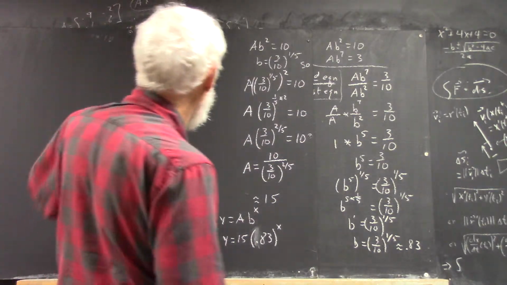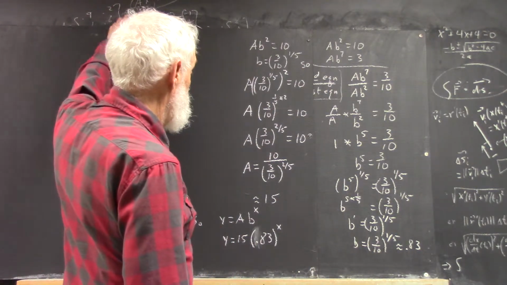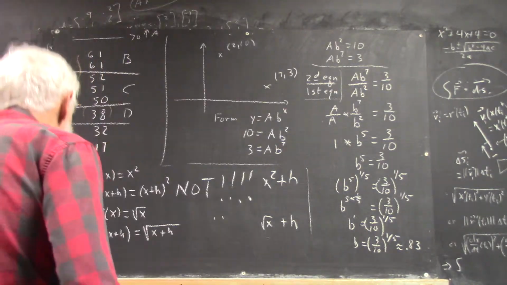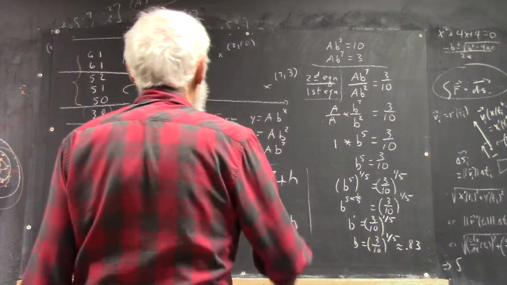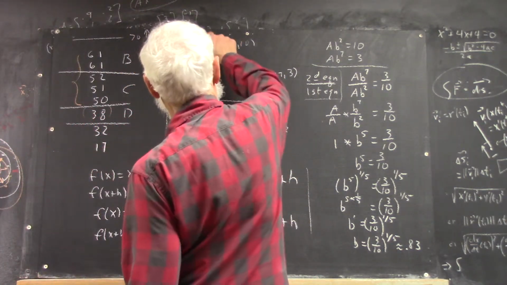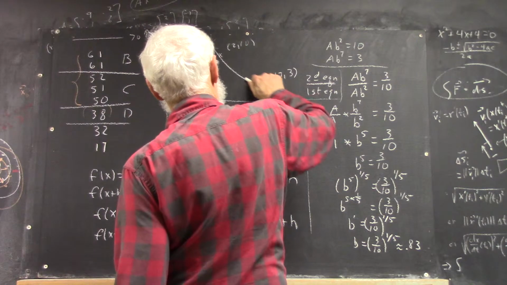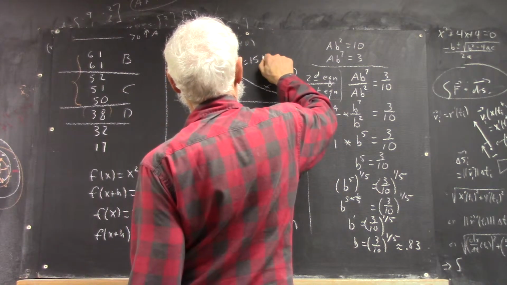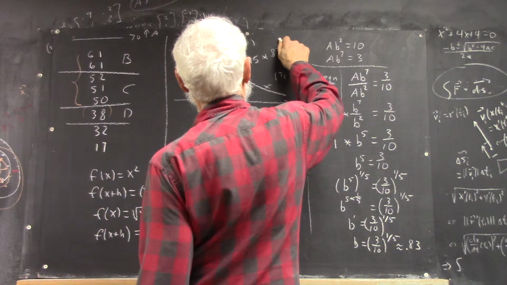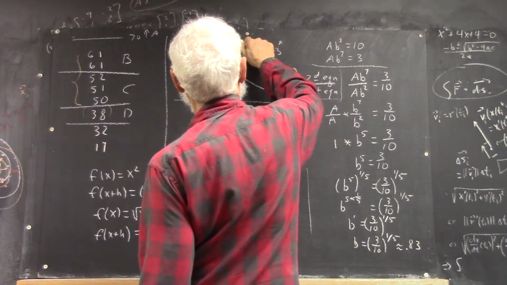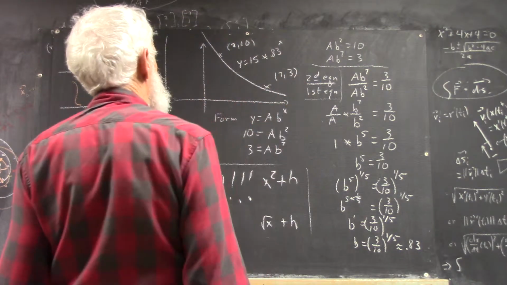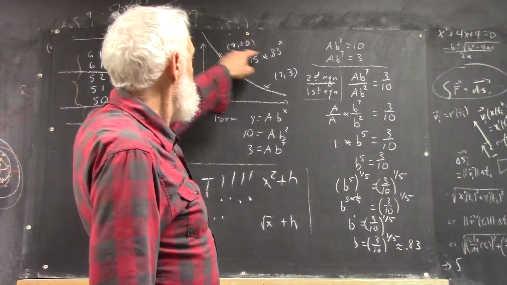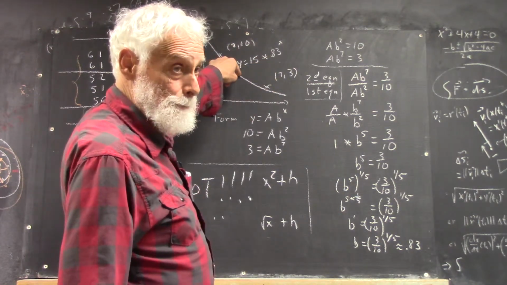So if we go back to the original picture for a moment, we see that we kind of expect this function to be something like y equals 15 times 0.83 to the x. And for 2, that really works out pretty close. If I plug in 2 for x, I get something pretty close to 10.